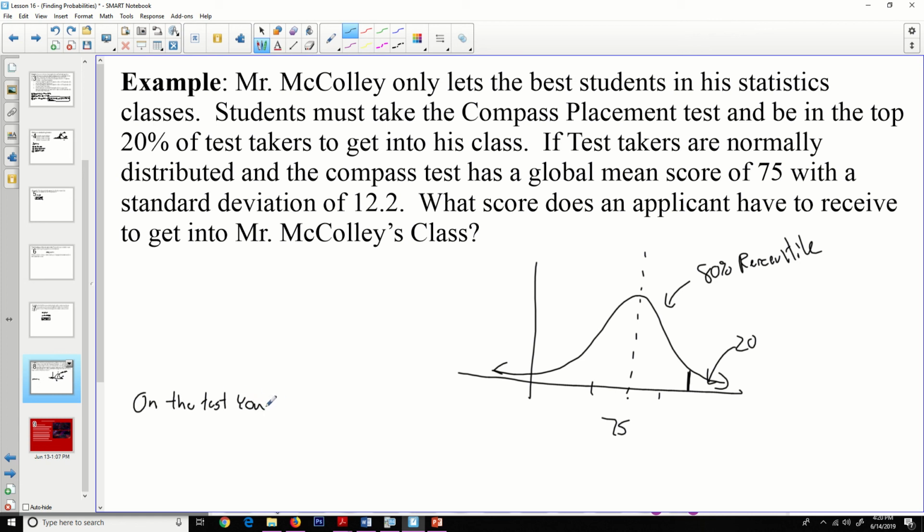You will need either an 85.27 or an 86 if there's no partial credit. If you can't get a decimal value, you have to get a whole number percentage. You're going to need the 86 to get into the class.